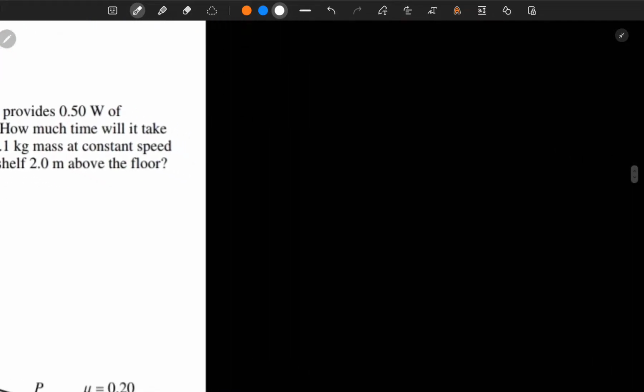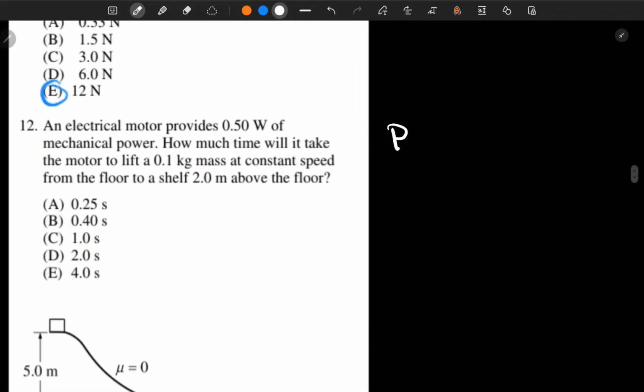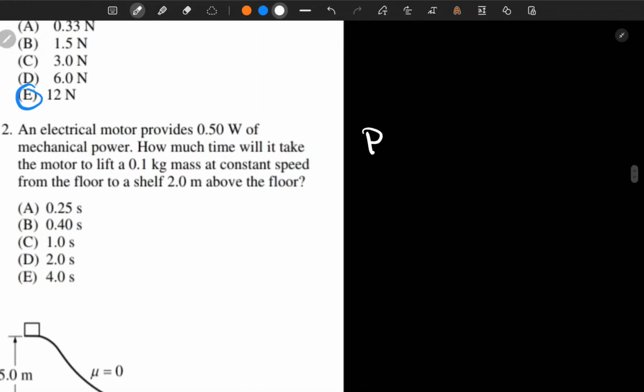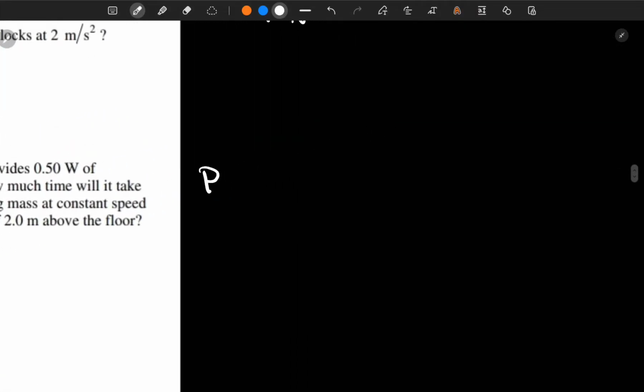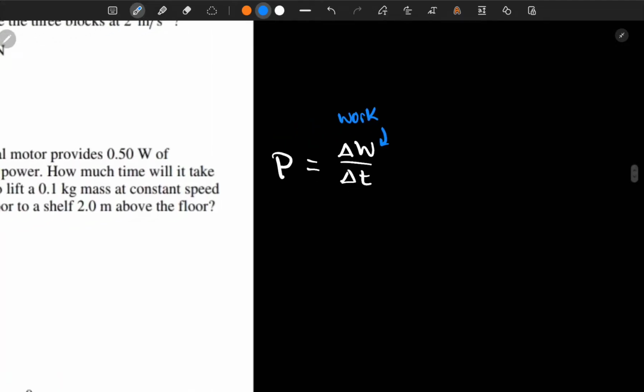To start, we know that power for a constant amount of work is equal to delta W over delta T, where delta W is the work, the difference in the work being done, and delta T is the time.